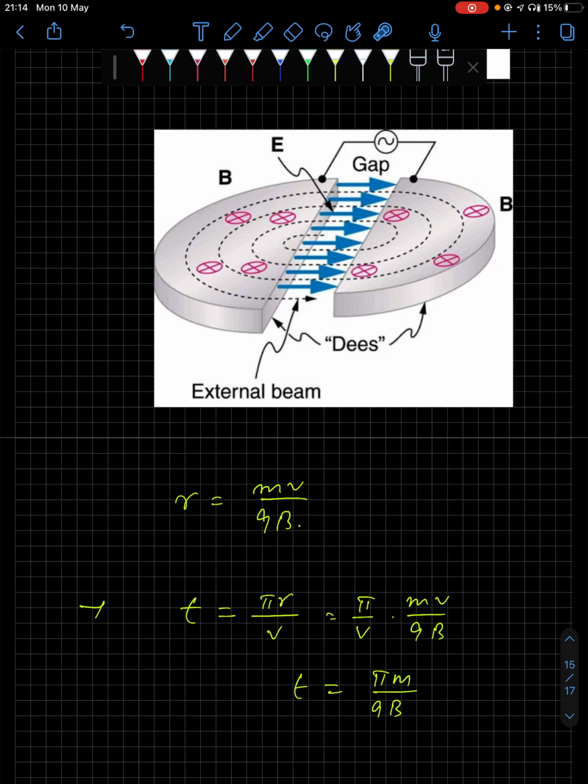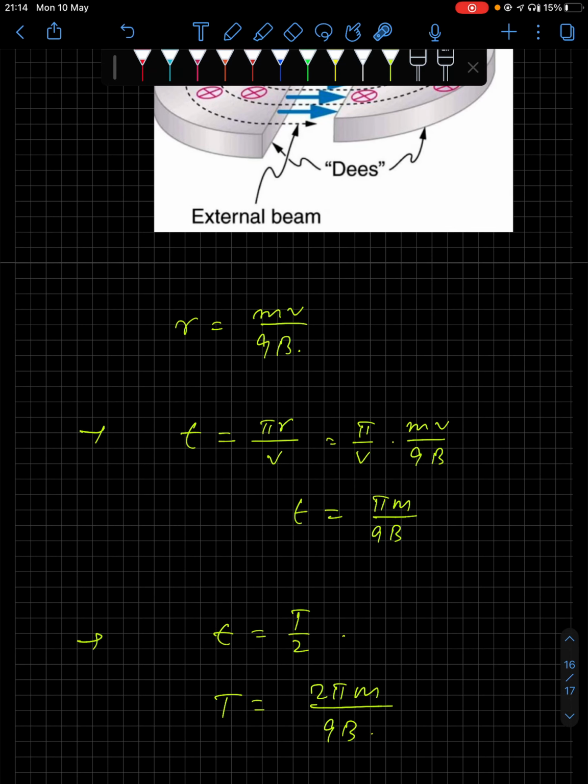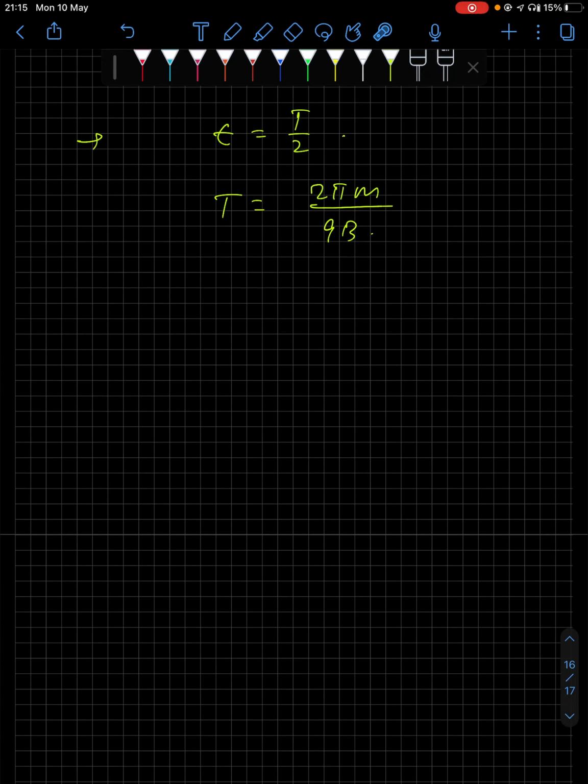Also, it can be considered as the time needed by the charged particle to complete one oscillation. In both cases, this depends on m, q and B. Once you consider a particular charged particle, say a proton or an alpha particle, m and q are constant, and the applied field B is also constant. Therefore, t remains constant all through. They don't change.